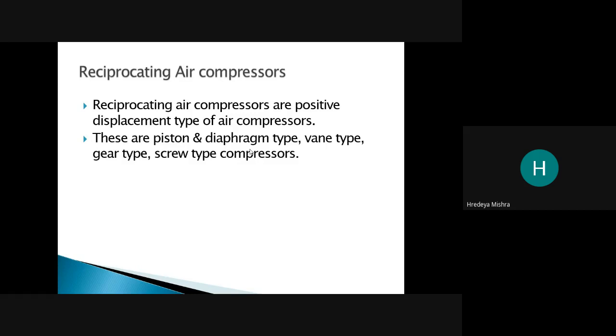now we can see the reciprocating air compressor, or positive displacement type of air compressor. These are the piston, diaphragm type, vane type, gear type, or screw compressor.